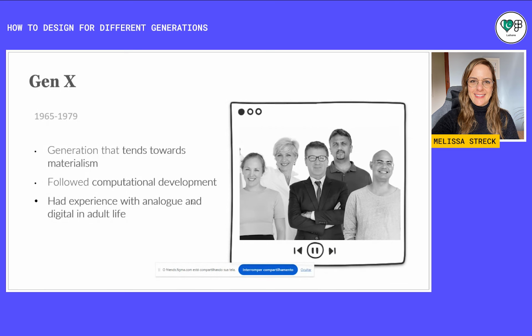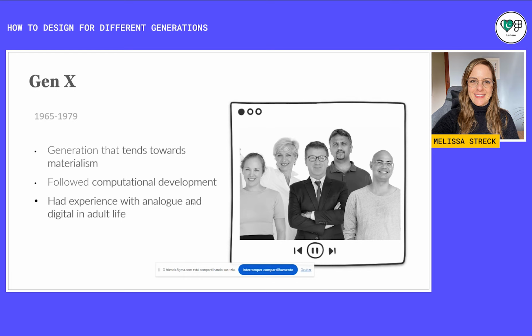And well, the Gen X. Gen X was born between 1965 and 1979. It's a generation that tends towards some materialism. It was followed by computational development and had experience with analog and digital in adult life. I can tell you, I had this experience when I started working.